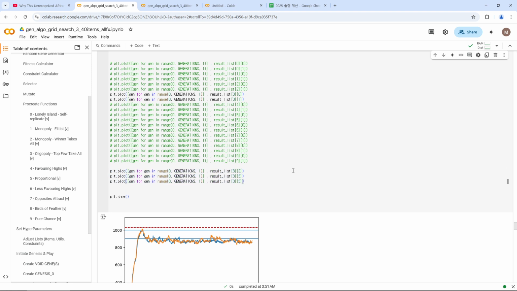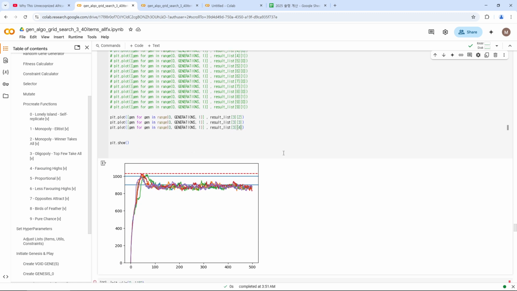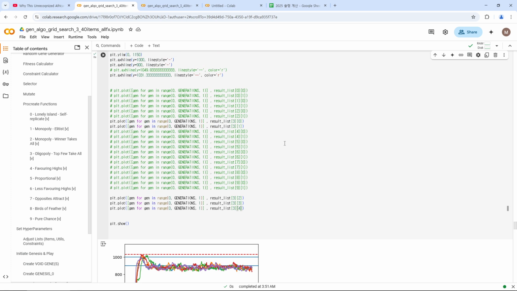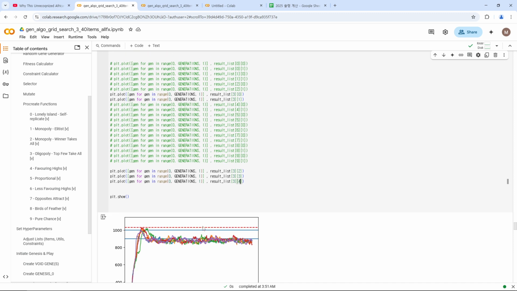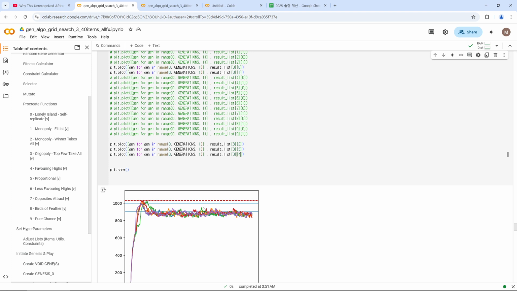I'm just going to plot all the 5 runs for oligopoly, and this is what I got. The peak is at 1031.3333. That's the red dotted line. And then the plateau level is slightly below 900.